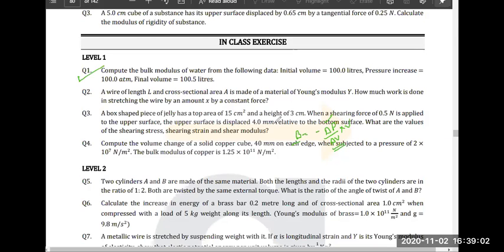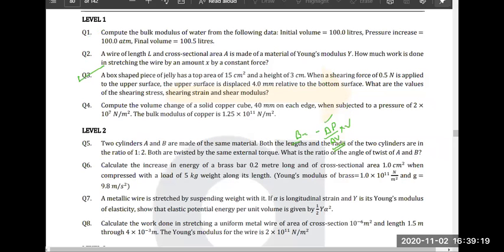Guys, from now onwards, I'll ask some of you to explain how to solve this. Okay, and everyone needs to explain, because it is becoming one-sided class and almost half of the class is absent. Okay, next question number 5.